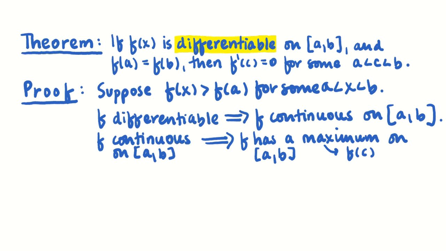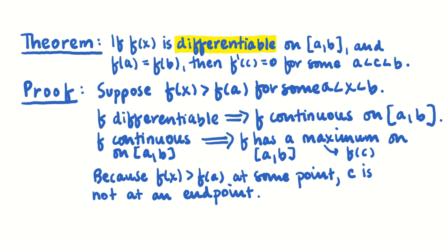So that means f of c occurs on the interior of the interval. If the maximum is occurring not at the edge, then it has to be a local maximum. It has to be a situation like that where I've come up and then come back down.